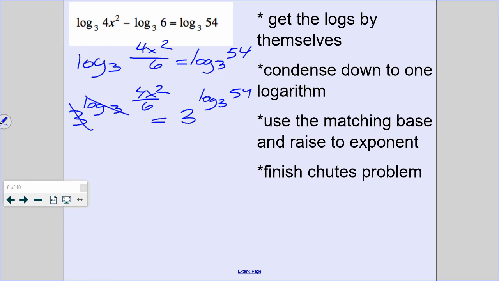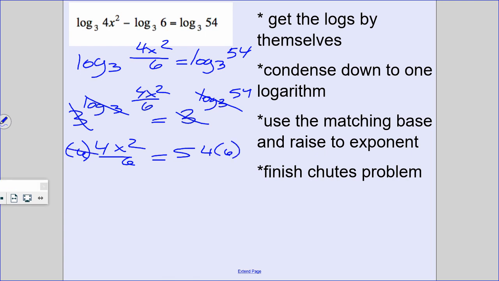Our 3 log base 3 cancels. 4x squared over 6 equals 54. Multiply by 6. So 4x squared equals 324.